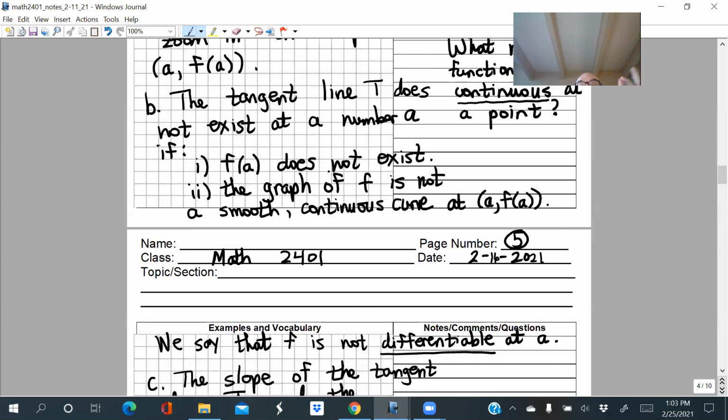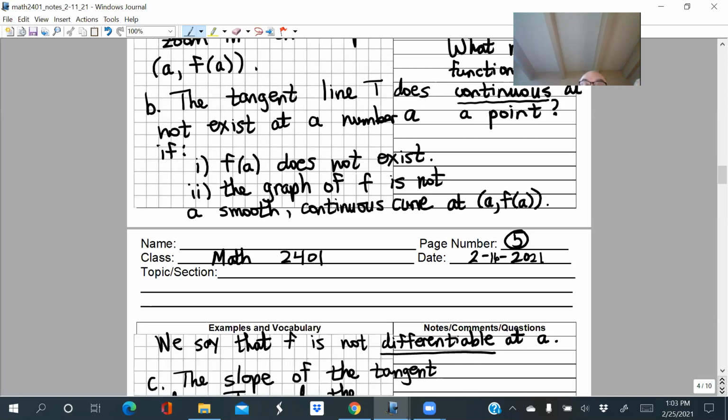At a number a, a tangent line will not exist if f of a doesn't exist. So if the number a is not in the domain of your function, you can't have a tangent line at that point. You can only have tangent lines where the curve exists.